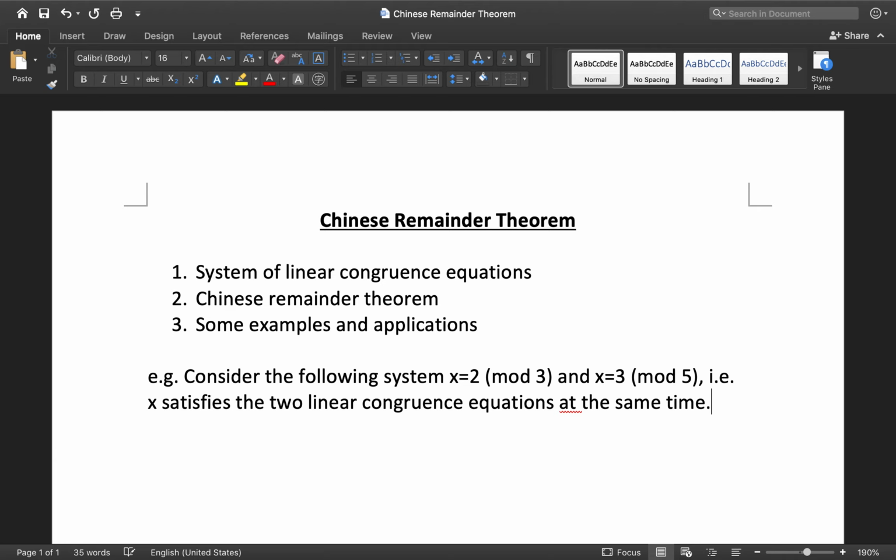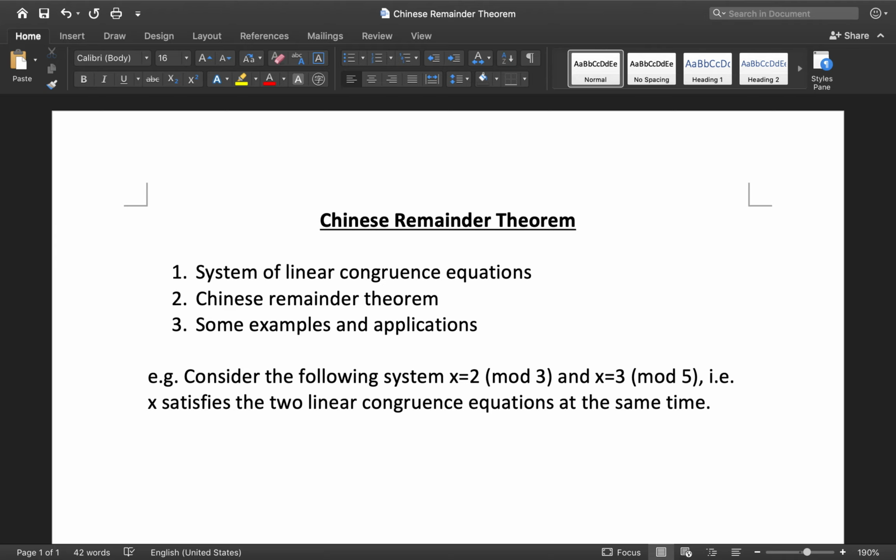Okay, so you have to find that solution x which satisfies both equations at the same time. So that means you have to find x which is congruent to 2 modulo 3 and congruent to 3 modulo 5.